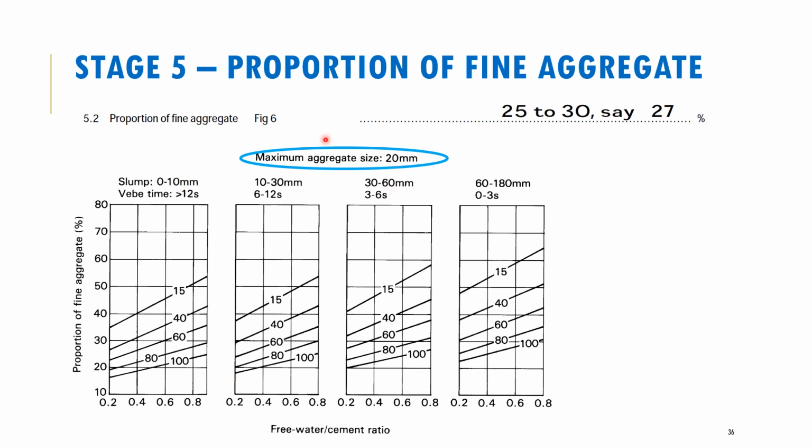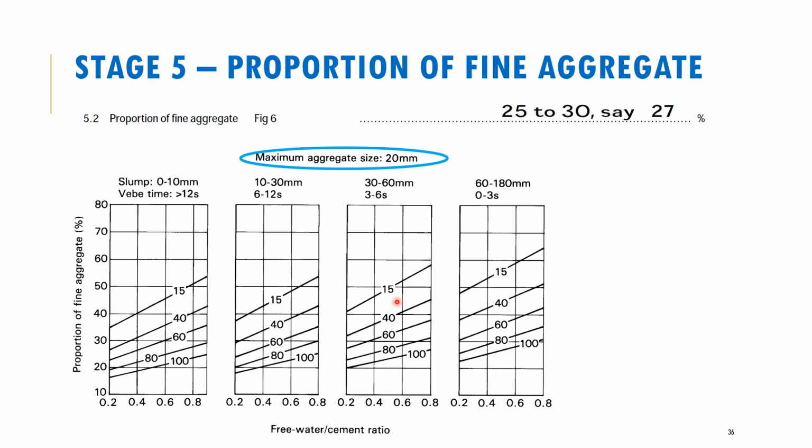Within this diagram, we've got 4 sub-diagrams, and each one corresponds to a particular slump. Remember, the information given by the client specified that the slump has to be between 10 and 30. So that's the diagram that we would be looking at.